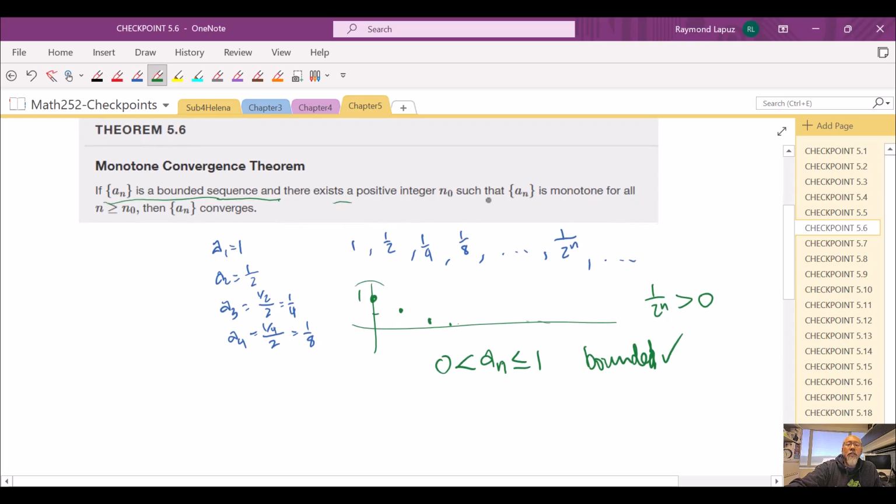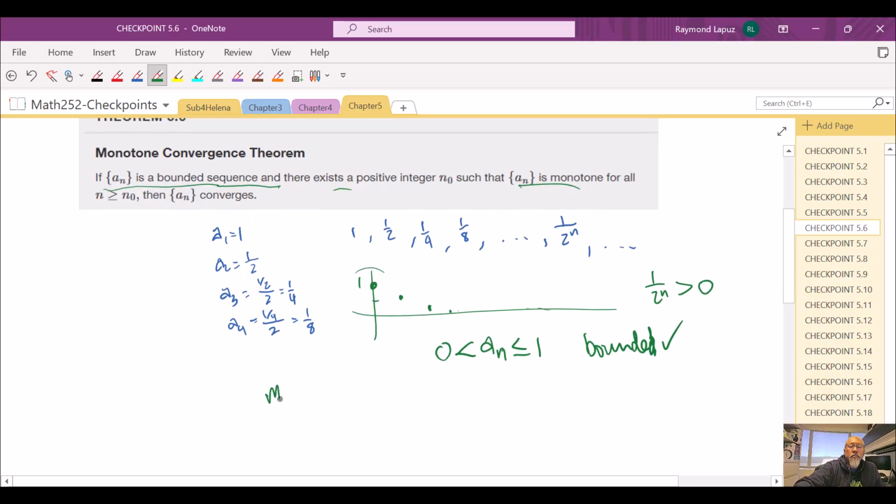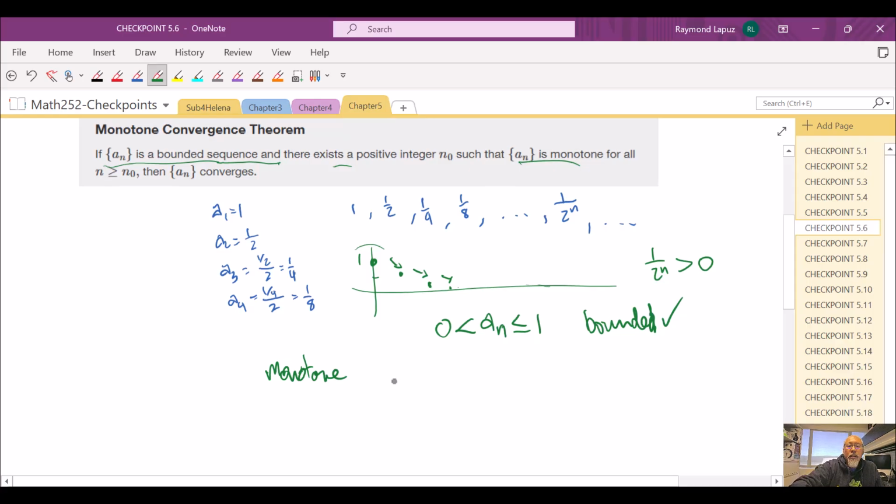And now it says there exists an integer such that a sub n is monotone. Monotone means it's always going to be increasing or always going to be decreasing. So you can see that it looks like it's always going to be going down. In fact, what we can say is that the next one is always going to be less than the previous one, a sub n minus 1, and that shows that it's monotone.